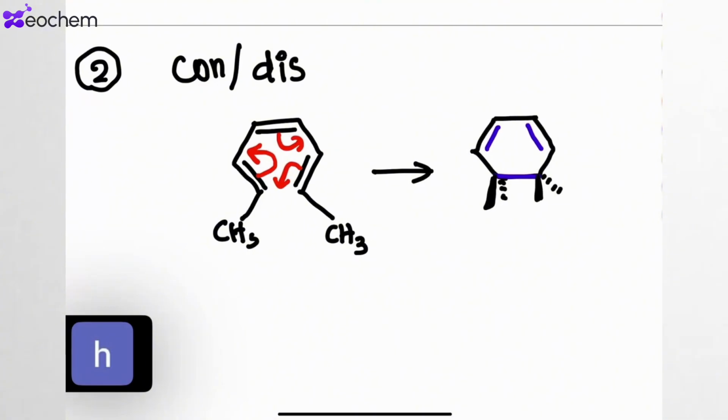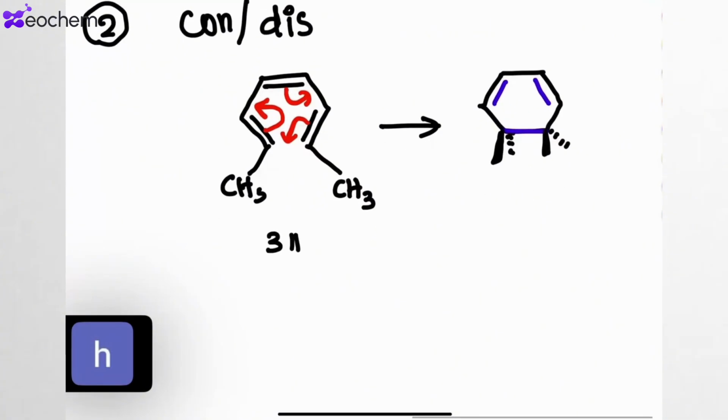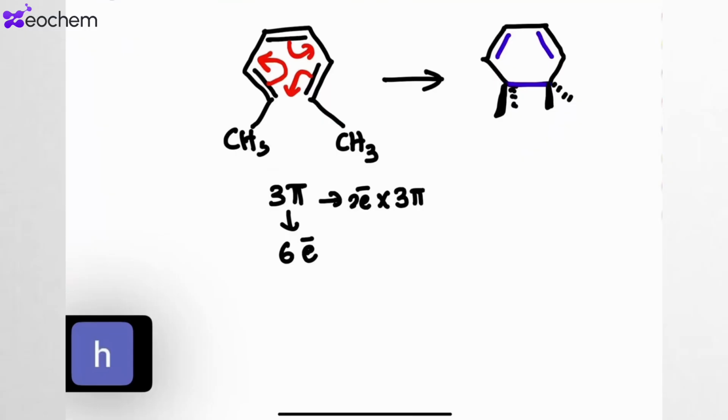That means 3 pi bonds are participating in the reaction. In each pi bond, 2 electrons will be there. 2 electrons into 3 pi bonds means a total of 6 electrons are participating in this reaction. So 6 electrons is an example of what system? 4n plus 2 system.